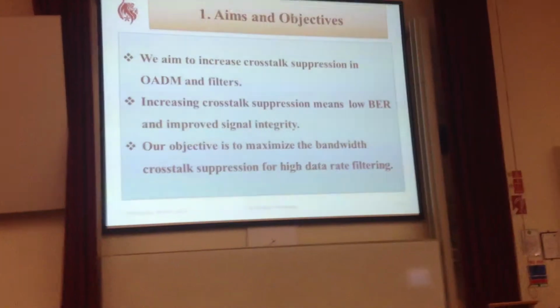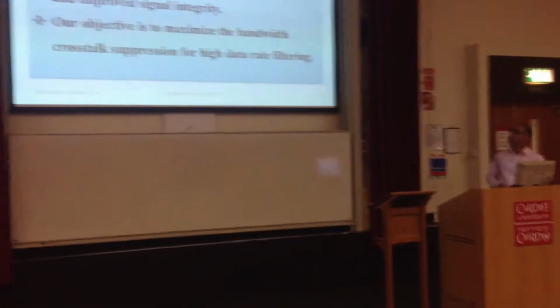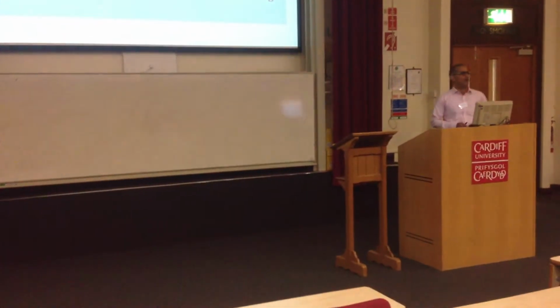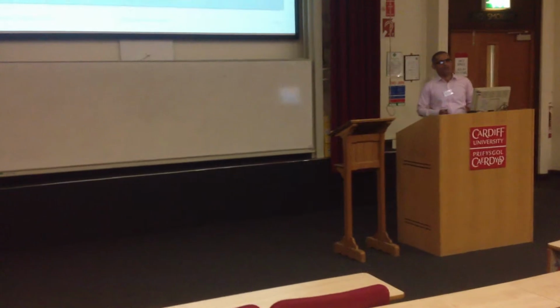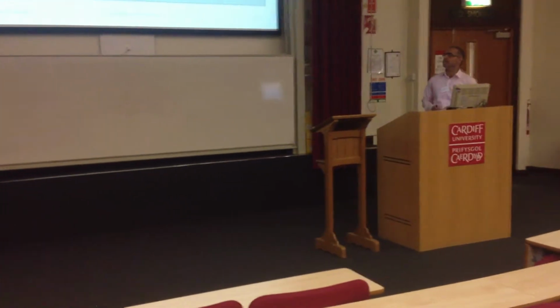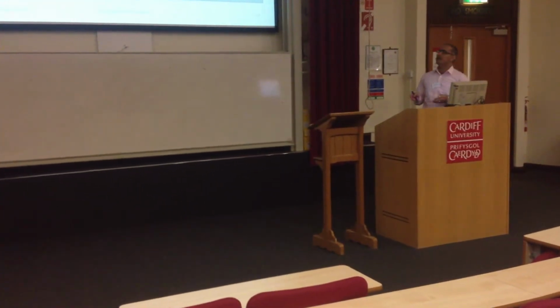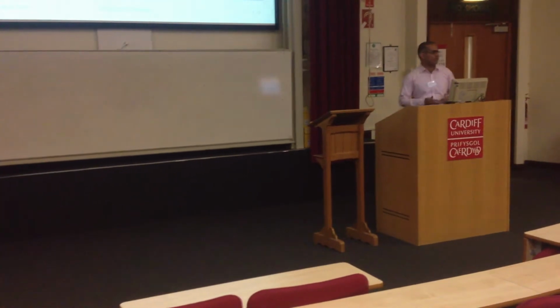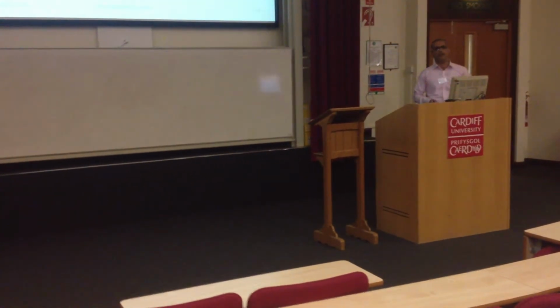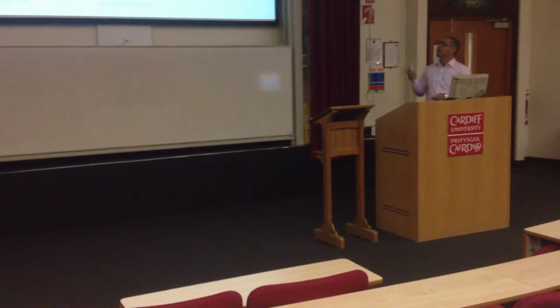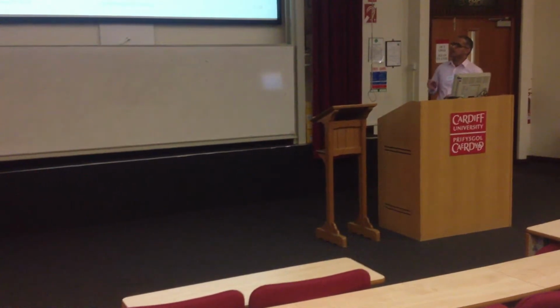So first of all, the optical filters are prone to crosstalk, resulting from insufficient separation of added and dropped signals. And this results in two different types of crosstalk, intraband and interband crosstalk. We aim to increase the crosstalk separation.